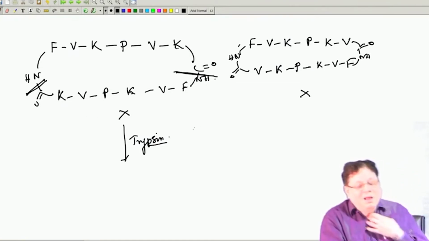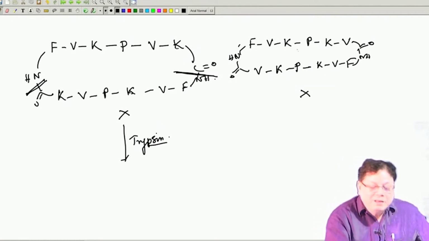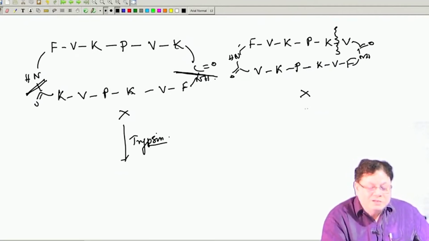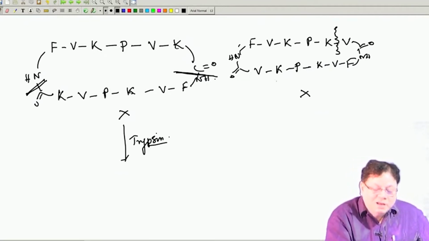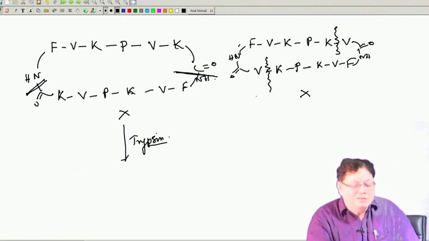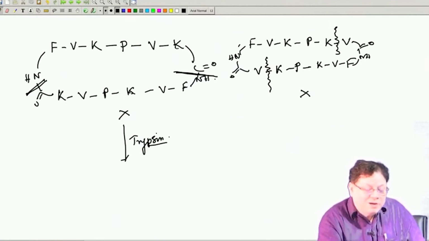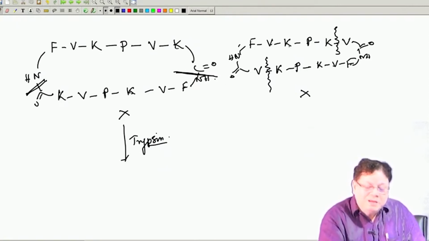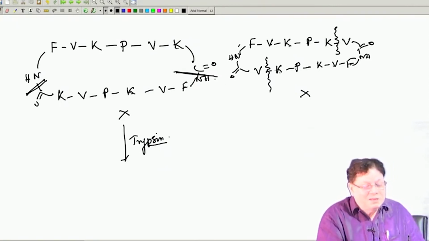On the other hand, suppose this is correct. Then this will again not be hydrolyzed because there is a proline, but this will be hydrolyzed. Okay, and where is the other hydrolysis point? The other hydrolysis point is this. Again you get the same two parts. Here you get B, F, B, K, P, K, and on this side you get again B, F, B, K, P, K. Same.